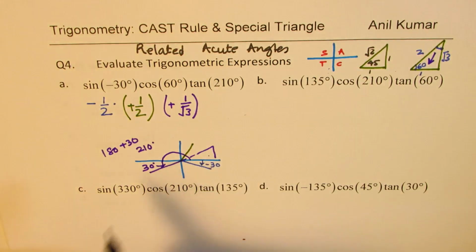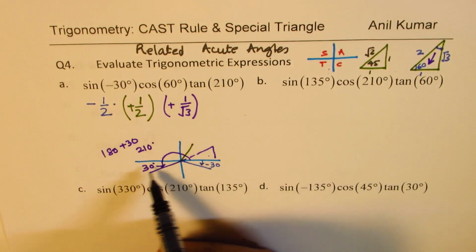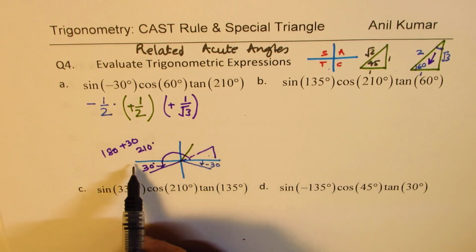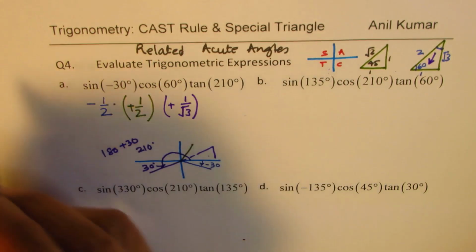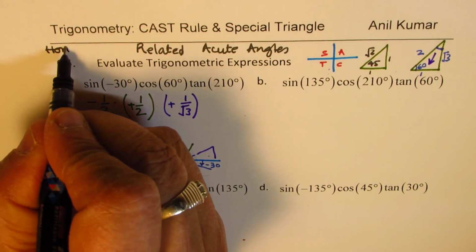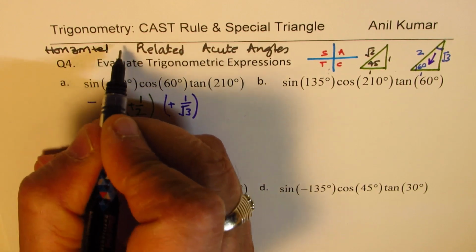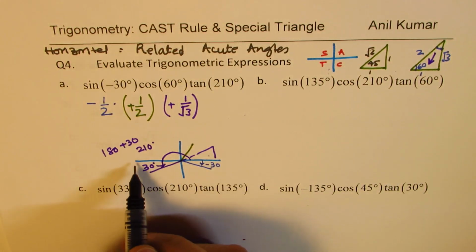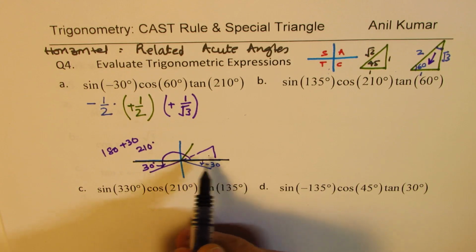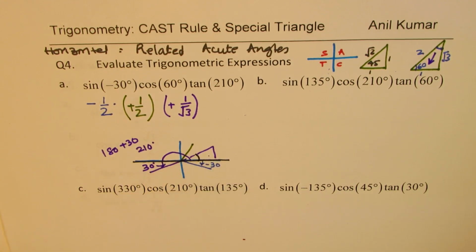Related means for 210, we are checking with respect to the horizontal line. All the angles will be measured related to the horizontal line.